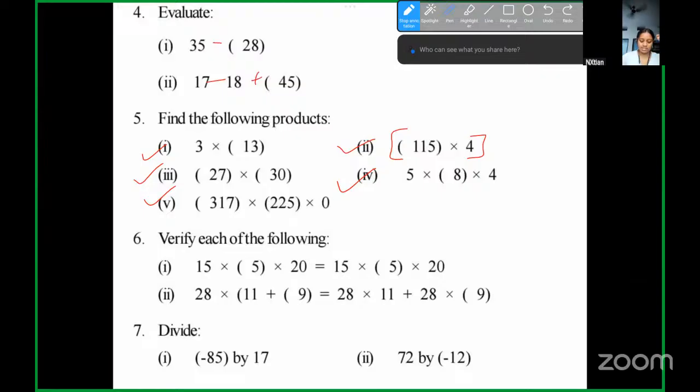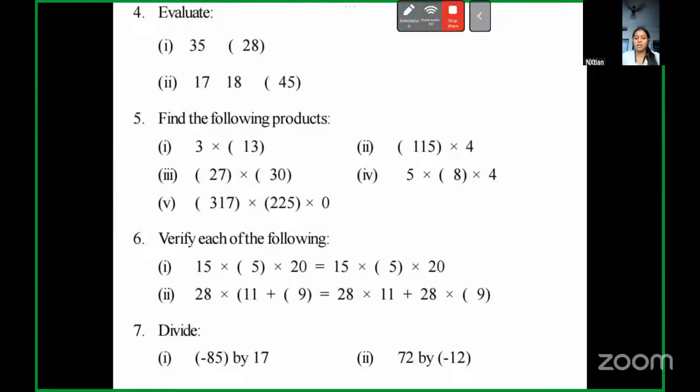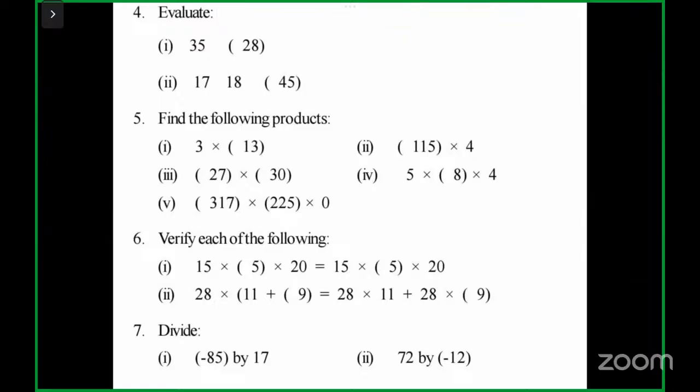Okay, then the sixth and the seventh question are clear already. Today's homework is exercise 2.3, question 1 first. And one evaluate grouping question I'll put in the group also. 12.3, question 1 of 12.3.